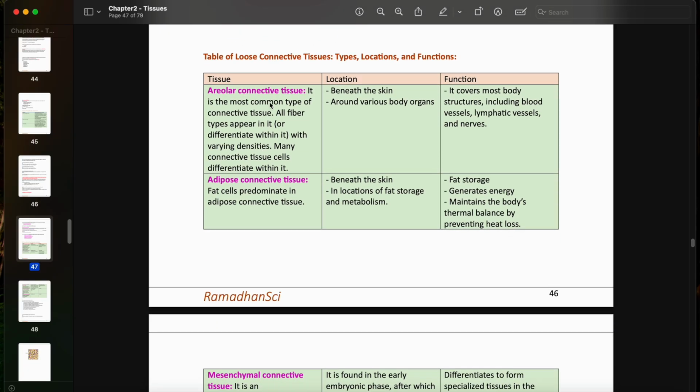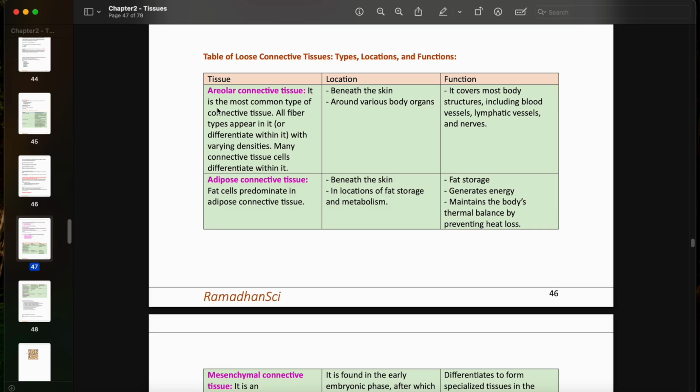So we're going to start with the areolar connective tissue. The areolar connective tissue is the most common type of connective tissue, and all fiber types appear in it or differentiate within it, as the book describes it, with varying densities. So the fibers appear with varying densities. Many connective tissue cells differentiate within it.